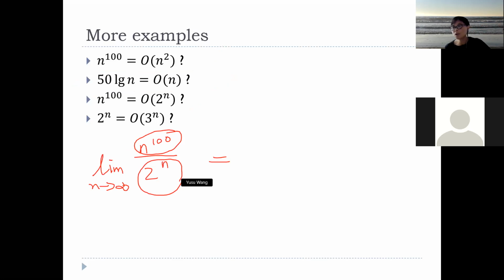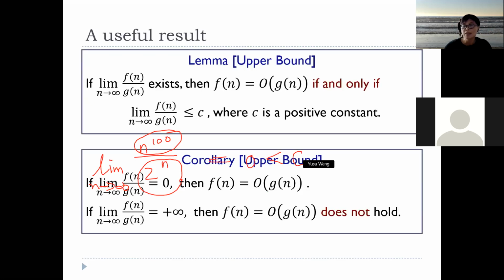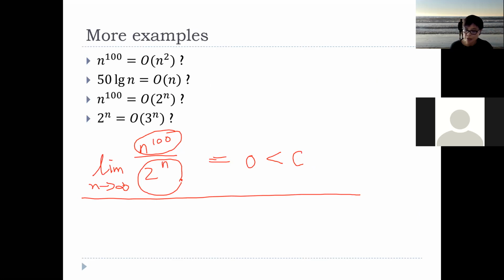As n becomes larger and larger, an exponential function always grows faster than a polynomial function, as long as the base of the exponential function is bigger than 1. So in the limit, this is much bigger than n to the power of 100. So the limit of this is 0. Since the limit is 0, it's clearly smaller than any constant you pick, which means that by this first corollary, this relation indeed holds. So this is also true.